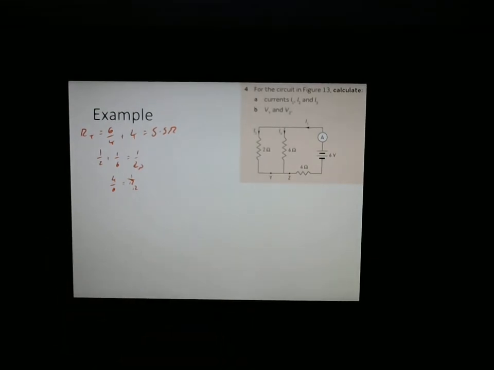Check my working. 1 over 2 is the same thing as 3/6, that's 4/6. 6 divided by 4 goes in 1.5 times. Yes, fantastic.